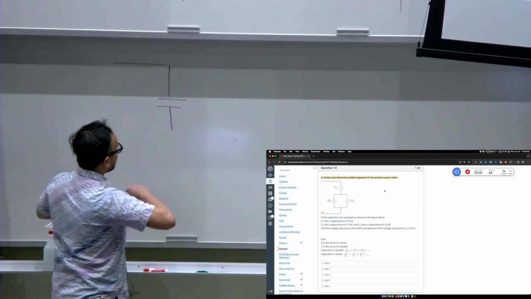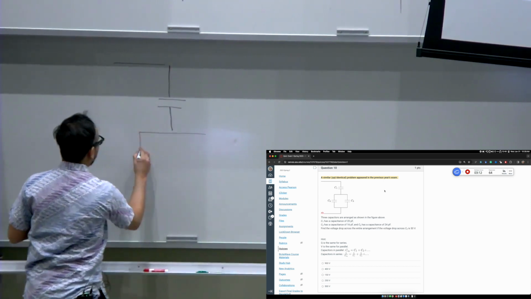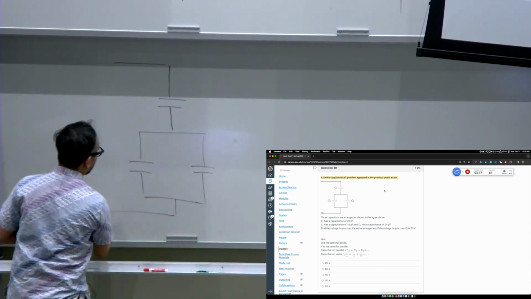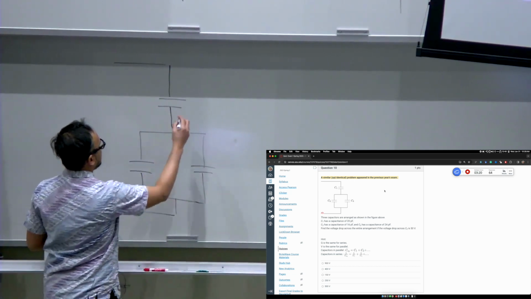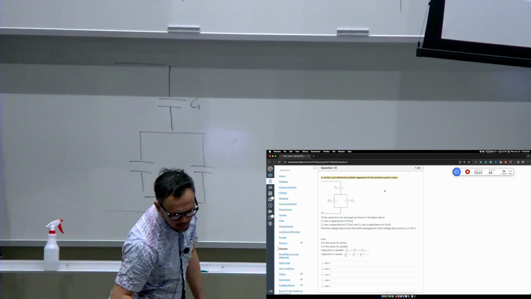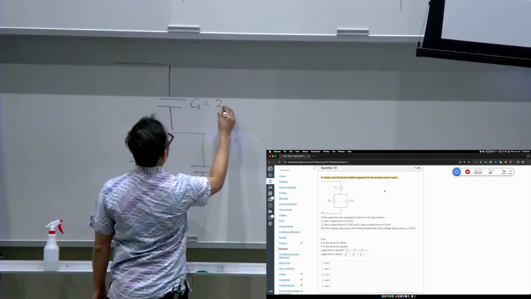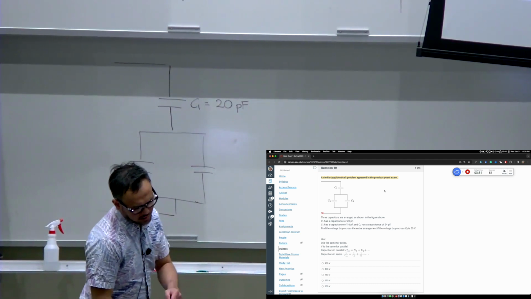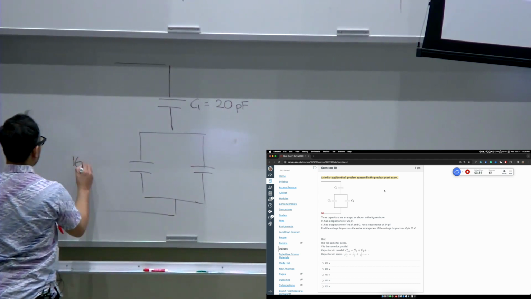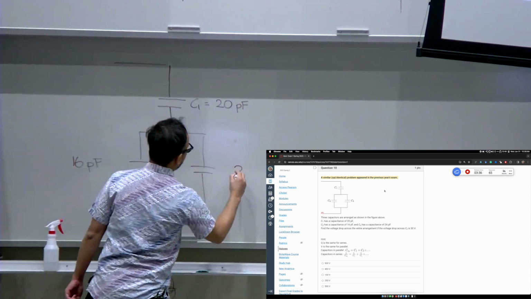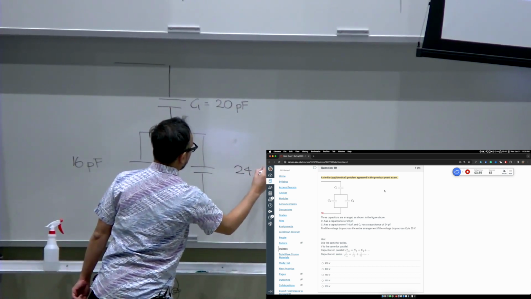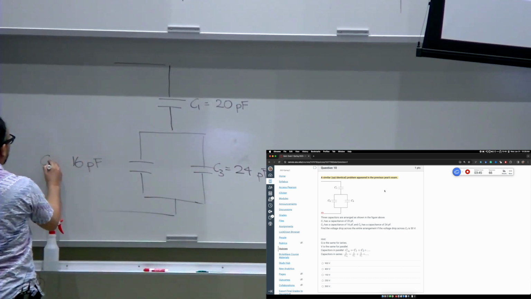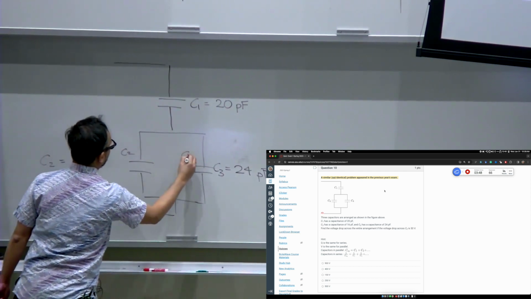The capacitors are a combination of series and parallel. C1 is 20 picofarad, C2 is 16, C3 is 24.